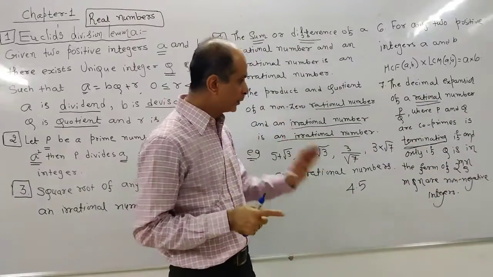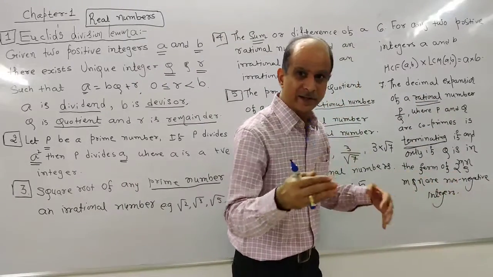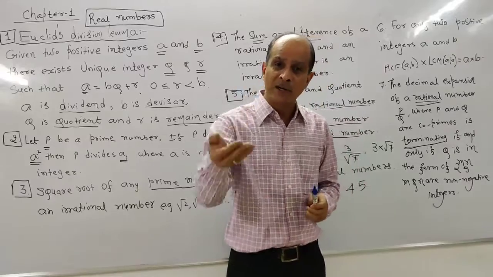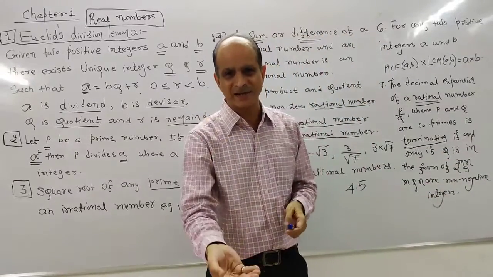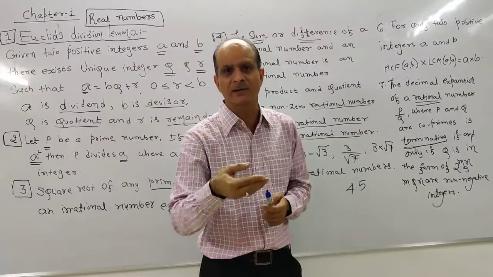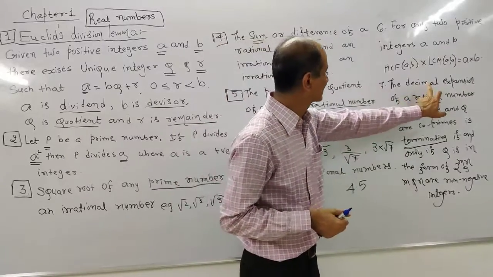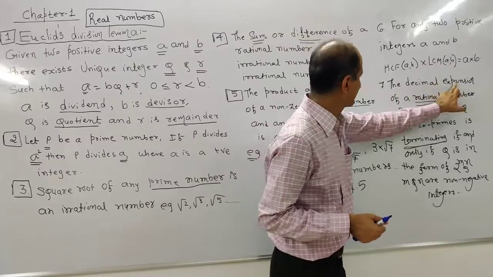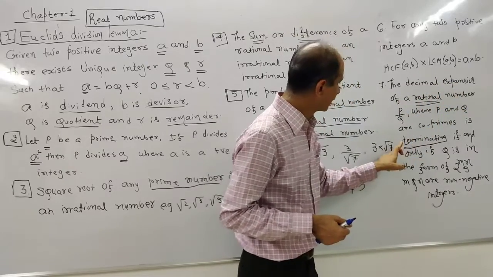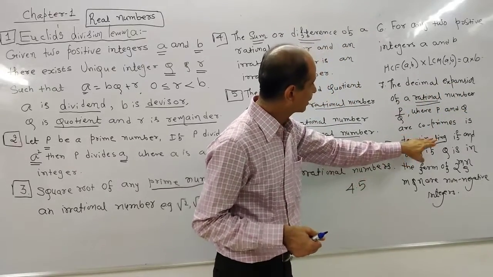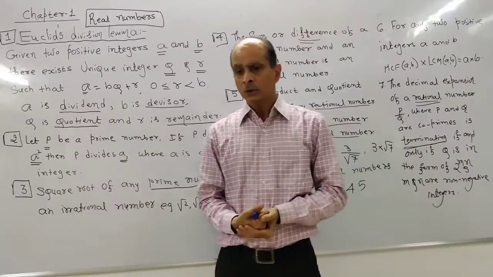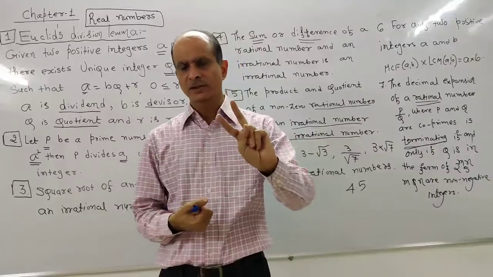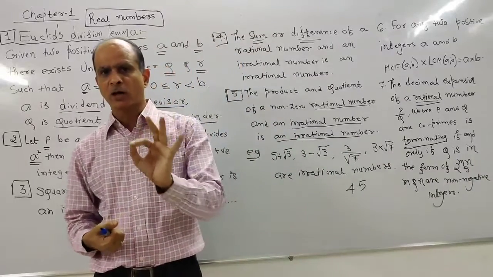If the denominator contains a number other than 2 and 5, means if you get 7 in the denominator, or 3 in the denominator, then you can easily say that the decimal expansion of the rational number is non-terminating. So, here you have to check two things. First one, P and Q are co-prime.